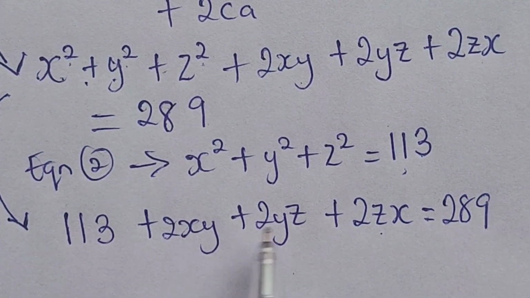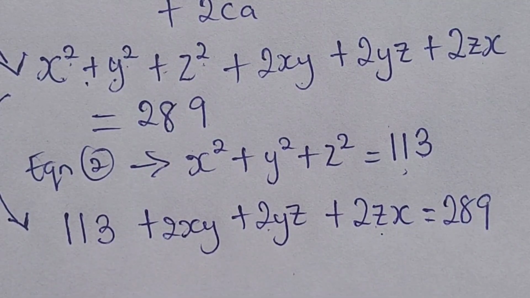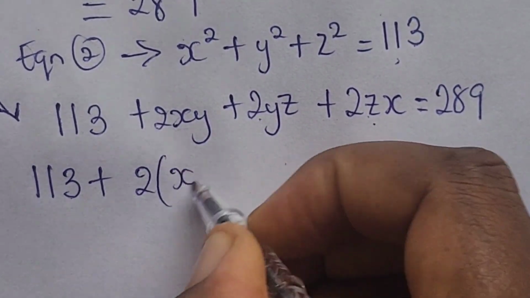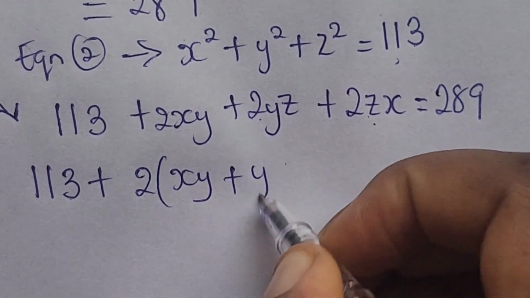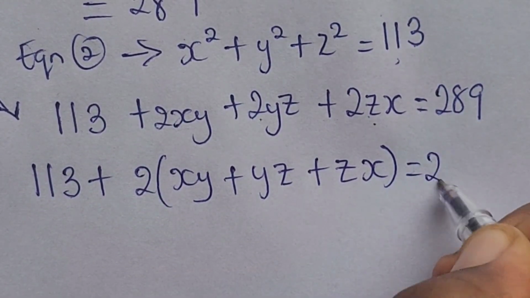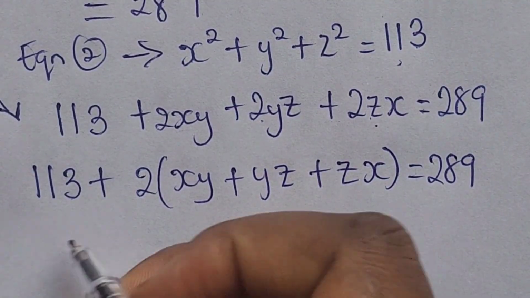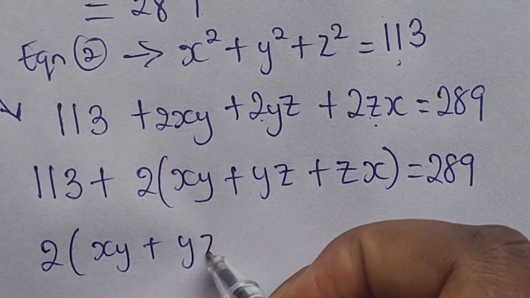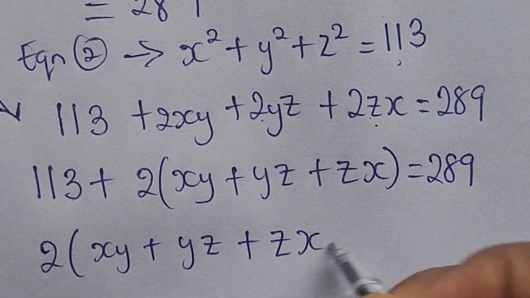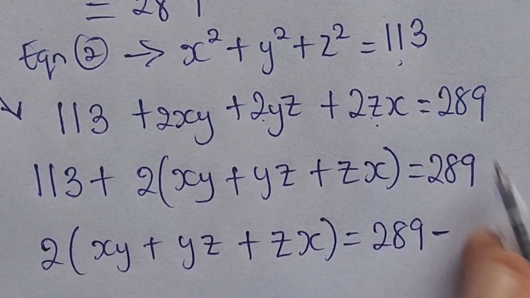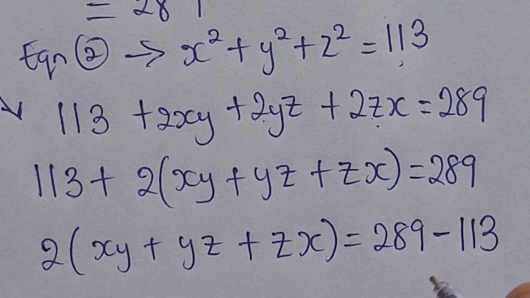From this equation, 2 is common here, so we factor out 2 to have 2 times xy plus yz plus zx equal to 289 minus 113, which is 176.